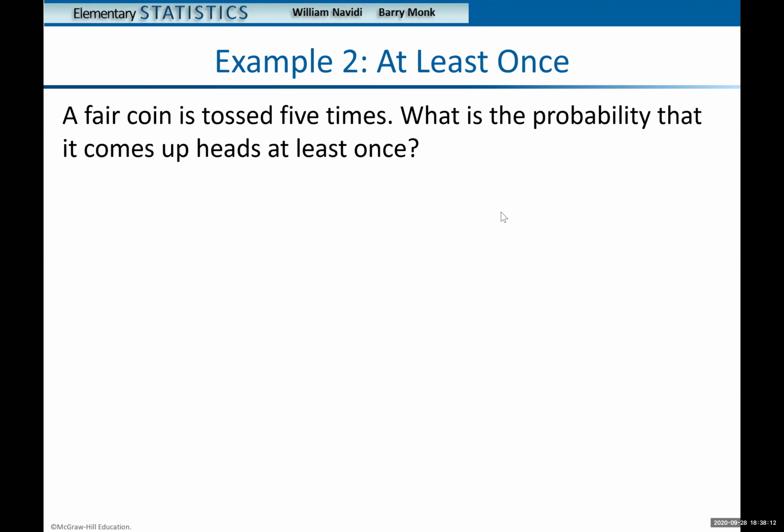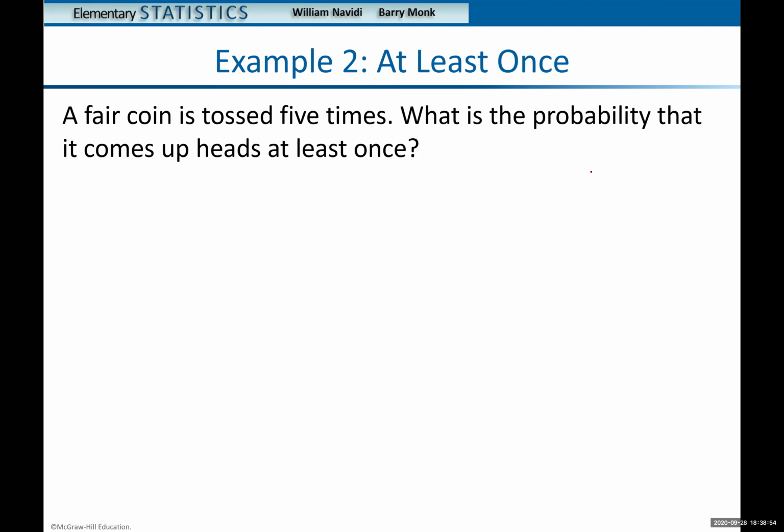A fair coin is tossed 5 times. What is the probability that it comes up heads at least once? What is the probability that it comes up heads? 50% or 0.5. That is correct. And then all you have to do is get the complement of 0.5, which is also 0.5, right?